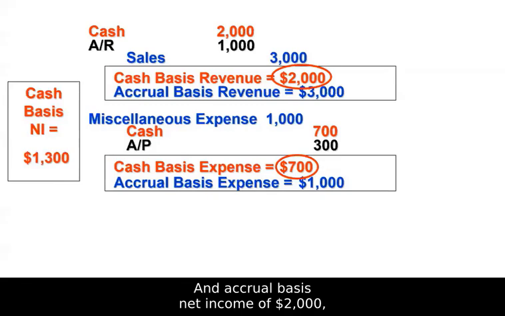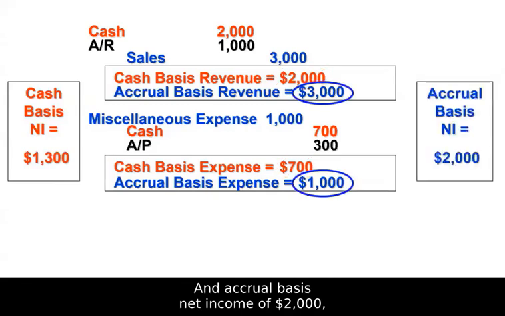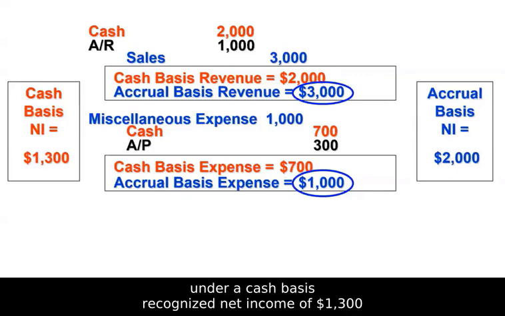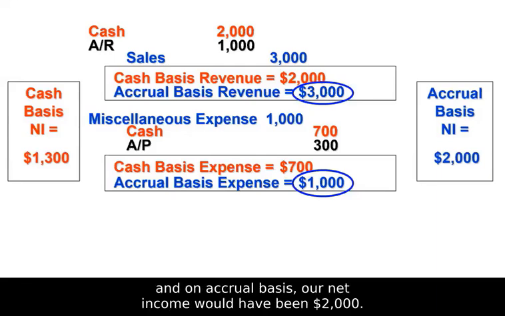And accrual basis net income of $2,000, subtracting from the revenue $1,000 of expenses. So you can see here, we would have, under a cash basis, recognized net income of $1,300. And under accrual basis, our net income would have been $2,000.